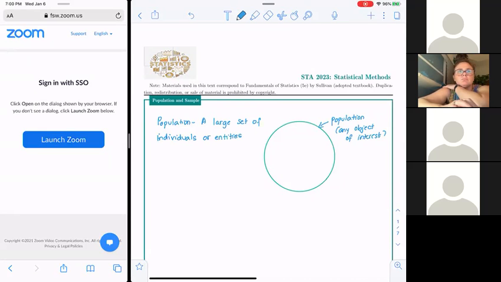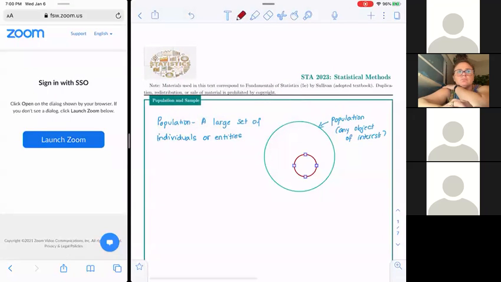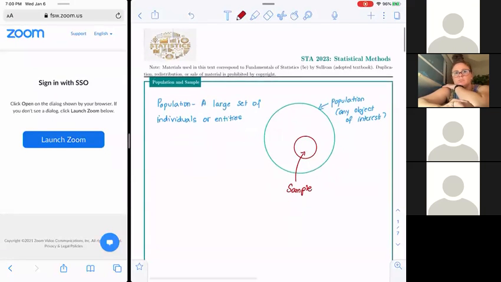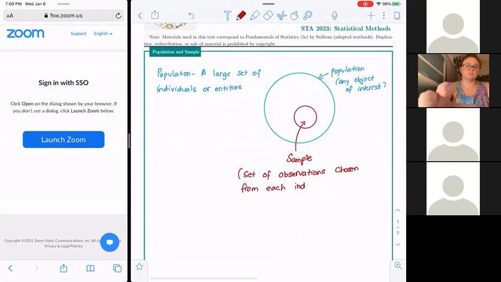And a sample is a set of observations chosen from each individual in the population.